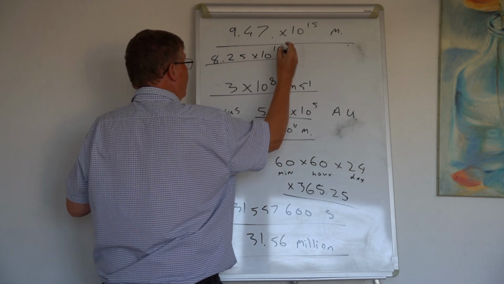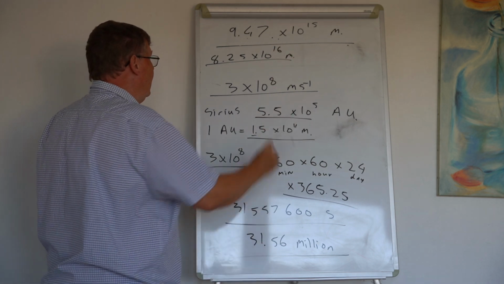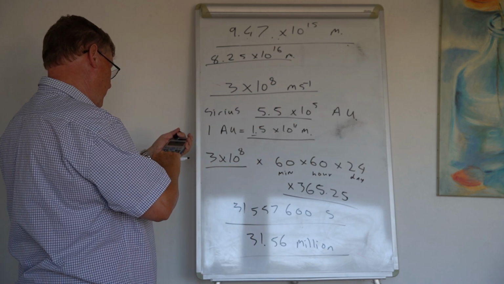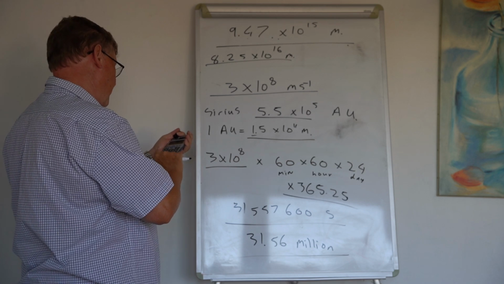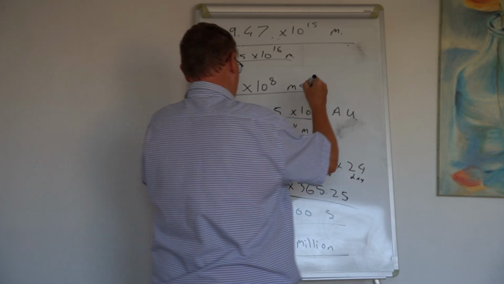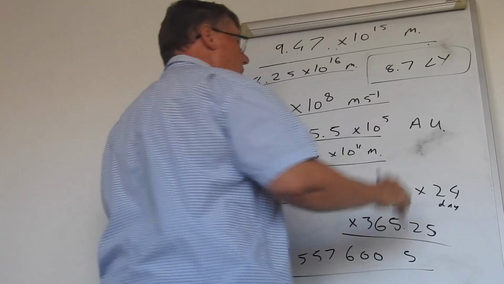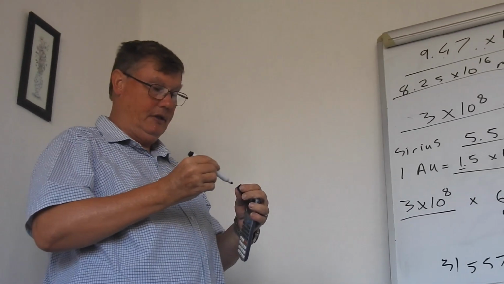That's a bigger number than that, so it's going to be more than 1. I'm going to divide this by 9.47 times 10 to the 15. Answer, 8.7 LY, 8.7 light years.